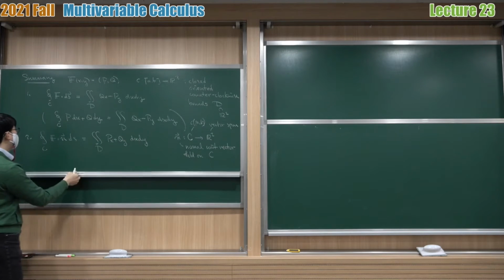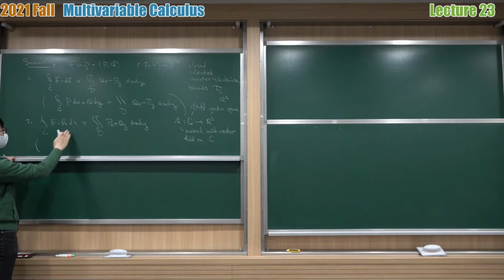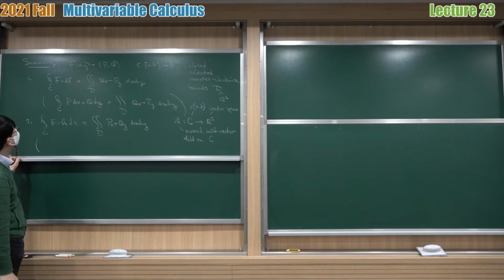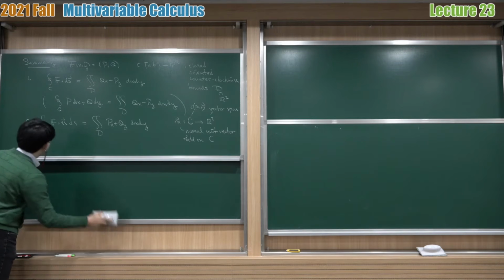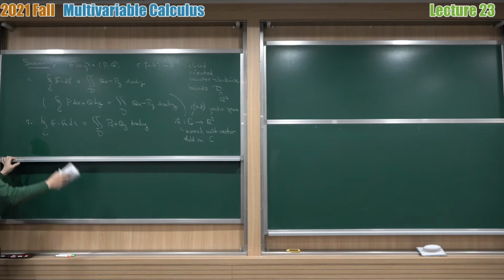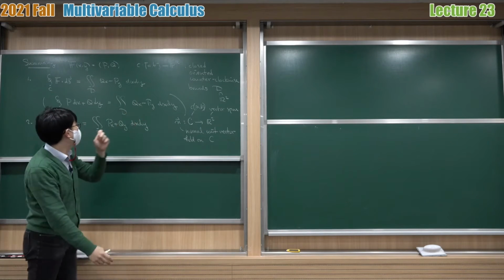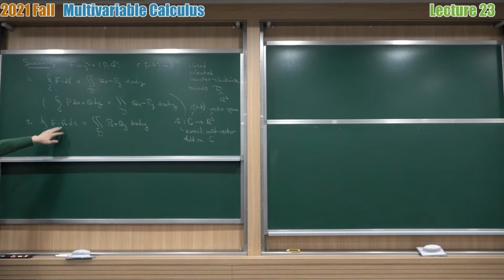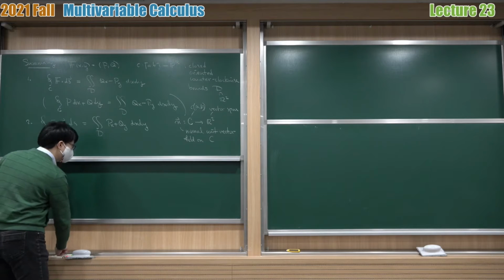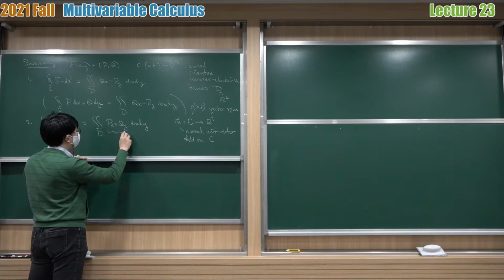Also I can write this in another format, but I don't want to, because this n direction matters with the parameterization of C. So I'm not going to write it in a concise form.